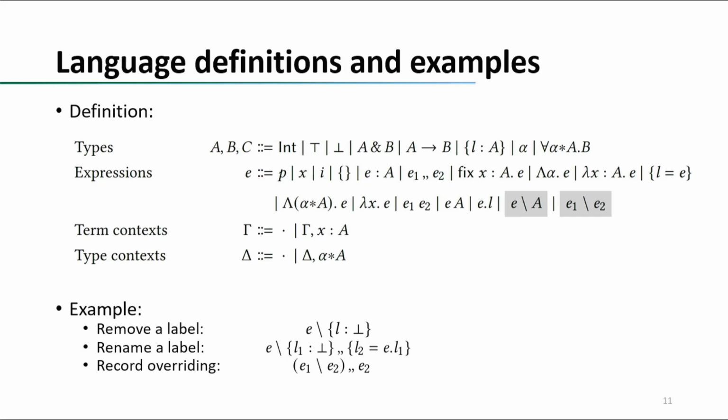If you instantiate it with records, for example, for all alpha disjoint with L bottom, it means a type that has no L labels present. Okay, so that means that on generic types, subtraction is a partial operation that depends on that bound that you put there. Sorry, I didn't understand.